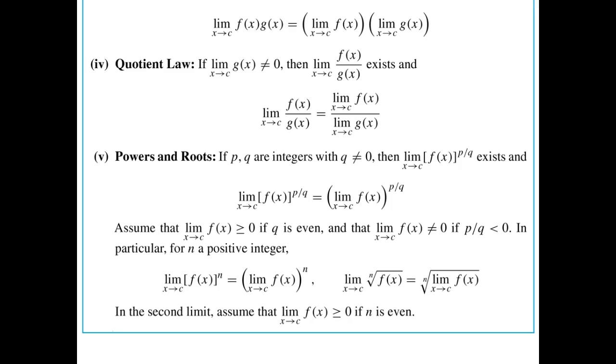Now, furthermore, assume that the limit as x approaches c of f of x is always positive, never negative. Okay? Could be 0, but never negative. And q is even. So you have this value being non-negative and q being even, and the limit as x approaches c of f of x is not equal to 0.